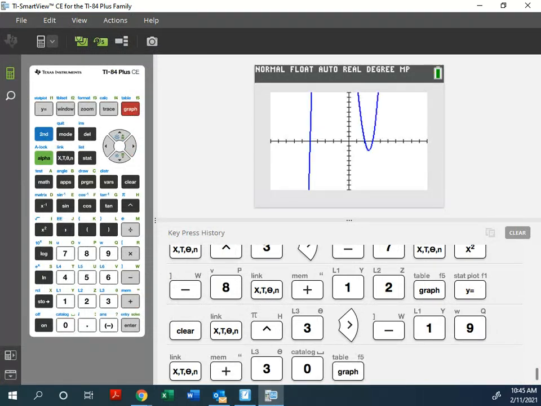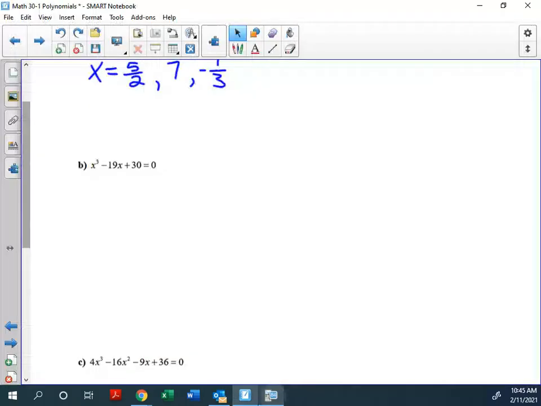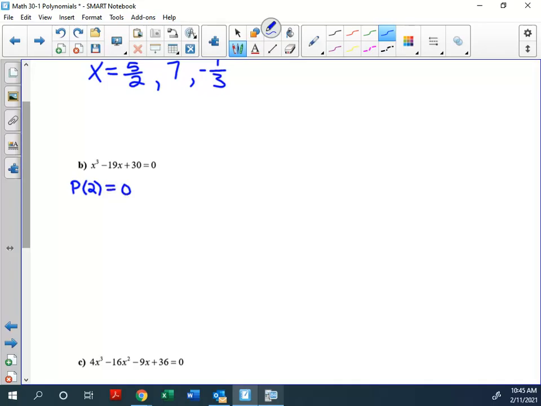Okay. I am pretty positive that I am going to have a root at 2. Let's check. Trace to enter. Make sure you get that 0 there. Because could it be a little bit off, but you don't see it because of your graphing calculator? So just take a second and double check it. So I know 2 is going to work. So if I want to show my algebra, I can jump to there.